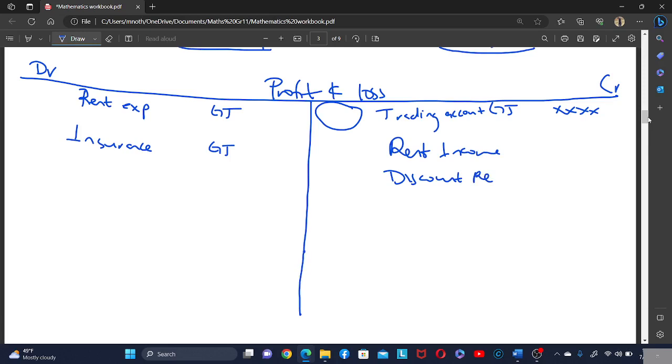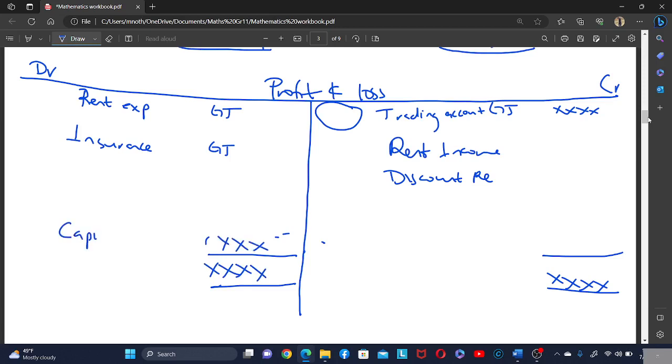And then after that, you check which side is bigger. If the credit side is bigger, it means that the business made a profit. So you balance both sides with the bigger side, and then you check the difference. That difference is called the net profit.